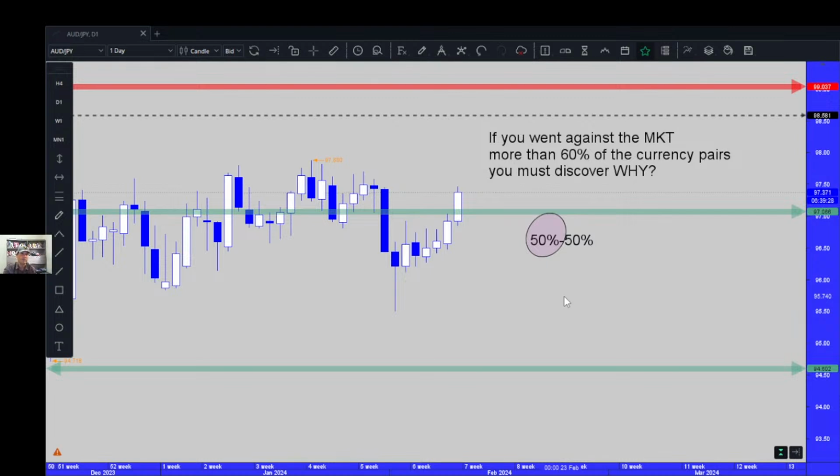So, am I making money? Yes or no? Am I losing money? Yes or no? What's the answer? Depending on risk-reward ratio, potentially lose.